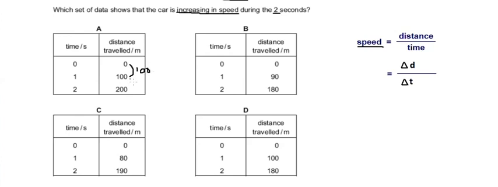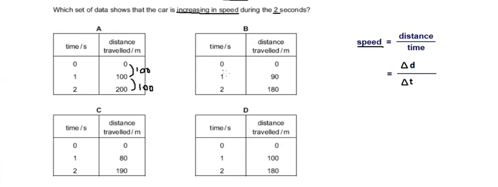And from 1 to 2 seconds, the distance goes from 100 to 200, so it will be 200 minus 100. So change in the distance is again 100. If the change in the distance is constant, then we can say it is moving with constant speed, because the change in time is also 1 and change in distance is also 100.